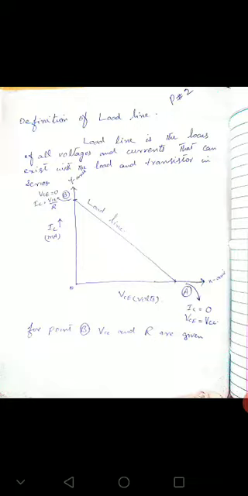Load line is the locus of all voltages and currents that can exist with the load and transistor in series. Here we take BJT, bipolar junction transistor. That is why IC, collector current, is very large.